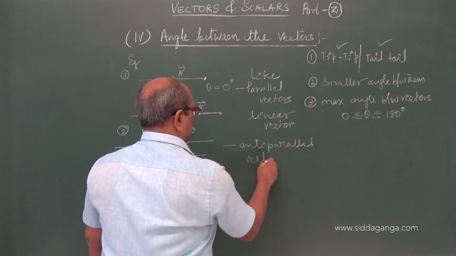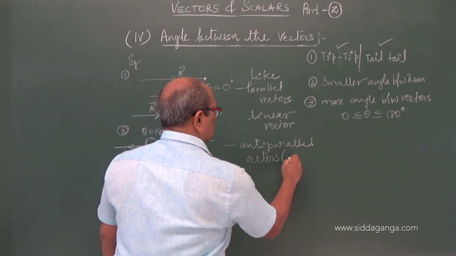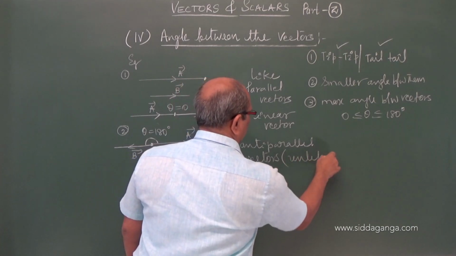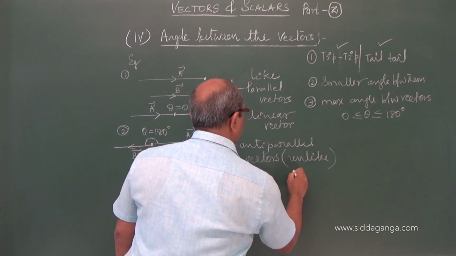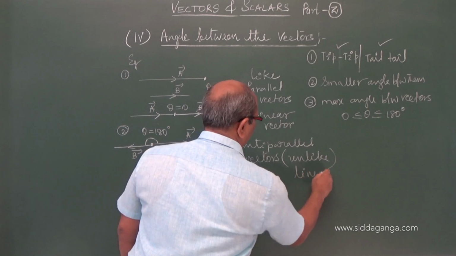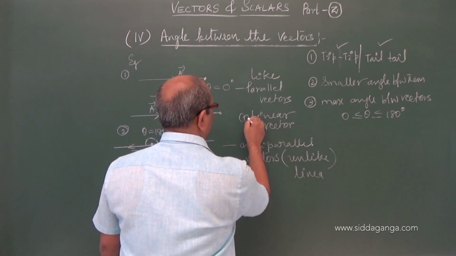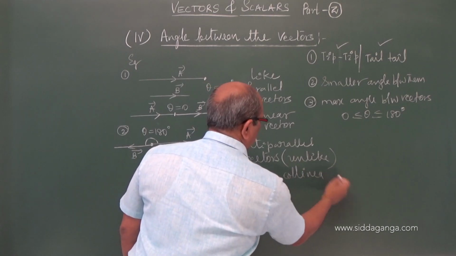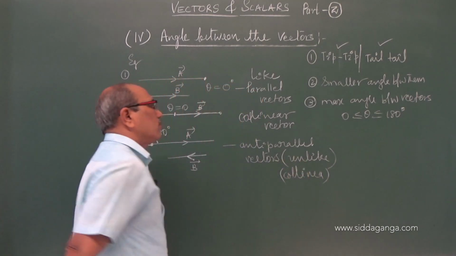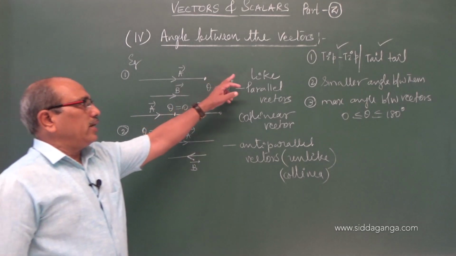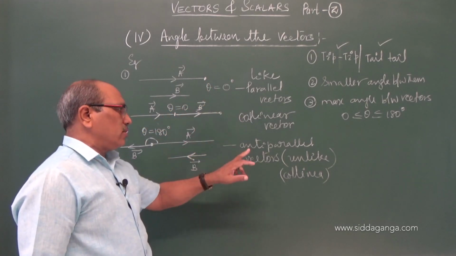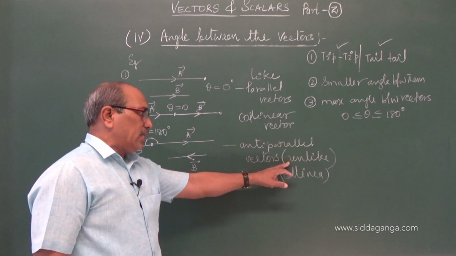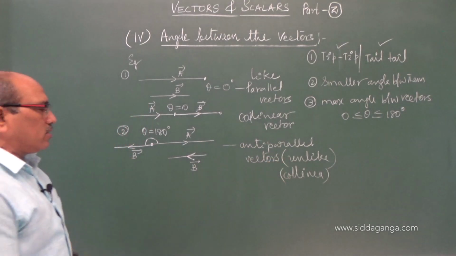Anti-parallel vectors are also called unlike parallel vectors, or collinear vectors. Like parallel vectors, or anti-parallel vectors, also called unlike parallel vectors, or collinear vectors.